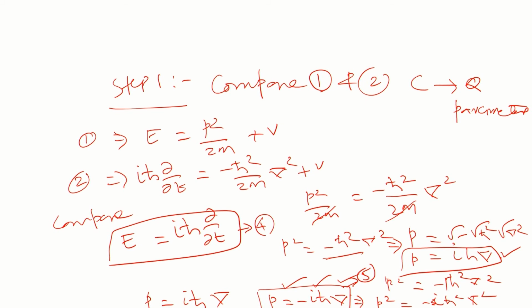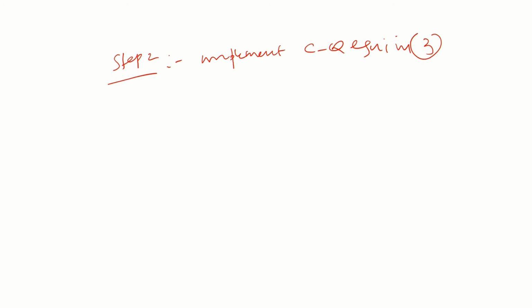These are the classical-quantum equivalences obtained from step 1. So one part is over. We are going for step 2. In step 2, Schrodinger substituted the classical-quantum equivalence in equation 3, that is the relativistic classical mechanical equation.